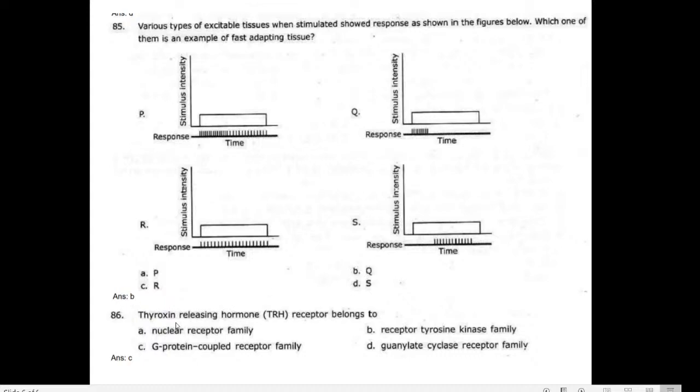Thyroxine releasing hormones. A very interesting and important topic. These hormones regulate and act through receptors.